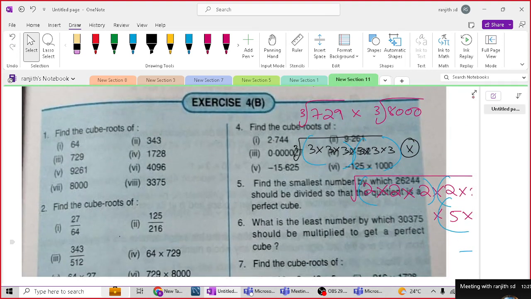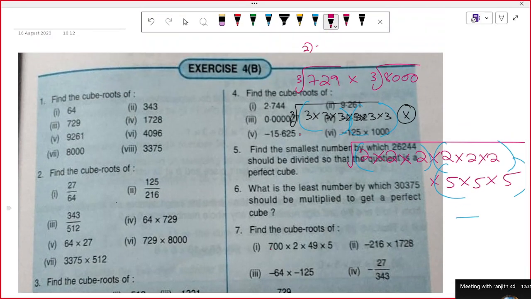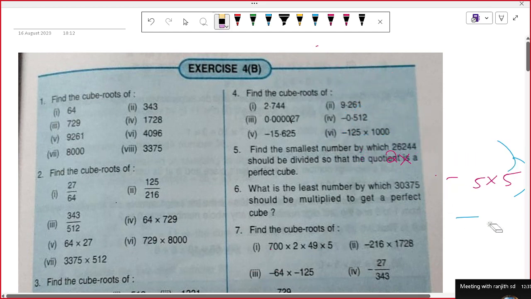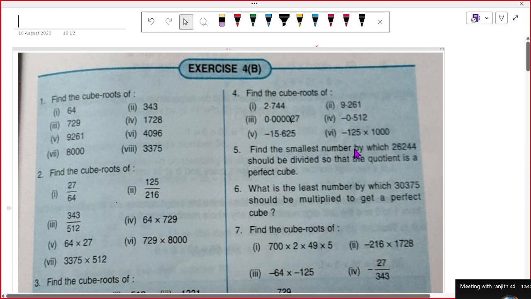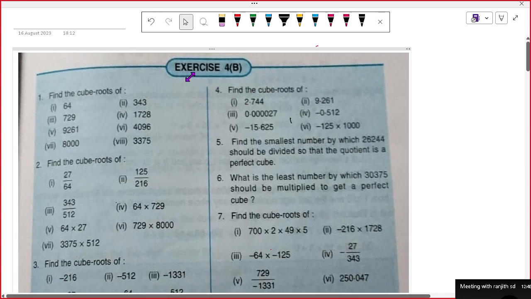In fourth main, it is miscellaneous. They've mixed everything. Square, decimal is given, integers. Which question shall we solve from the fourth main? Sir, we'll first do the first question. No, first question is always easy.